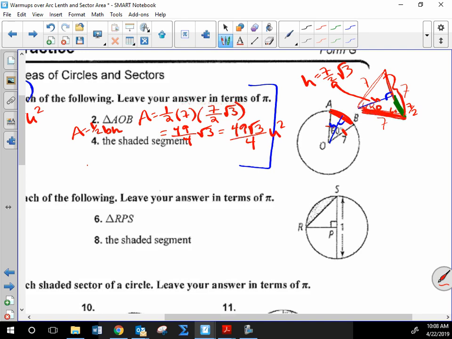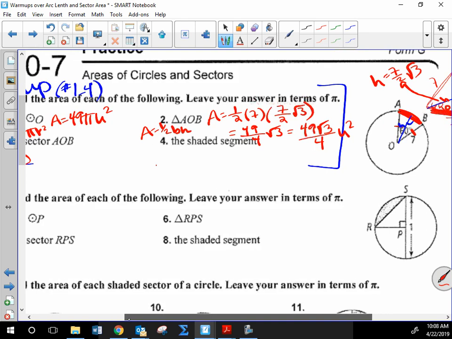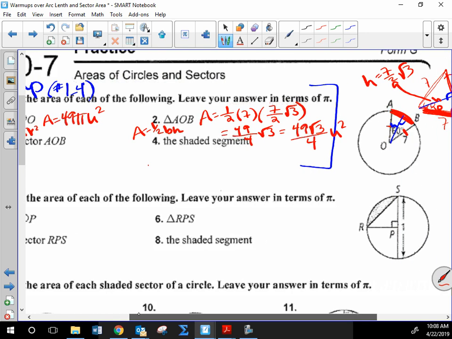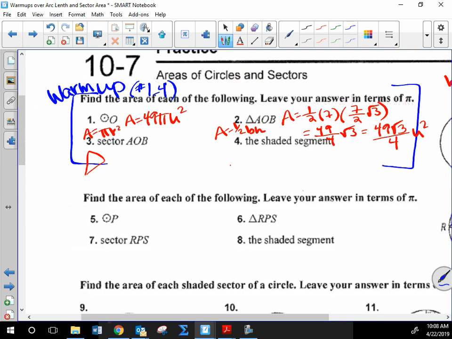All right, so now let's take a look at our wedge. Now, our wedge is just a portion of my circle. So I need to figure out how much of my circle do I have. All right, so what's my fraction? Well, it's 60 degrees. I have 60 degrees out of 360. What fraction is that? 1/6. Good. So I have 1/6 of my circle.